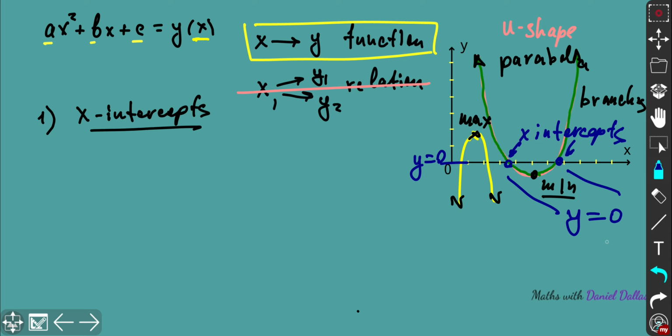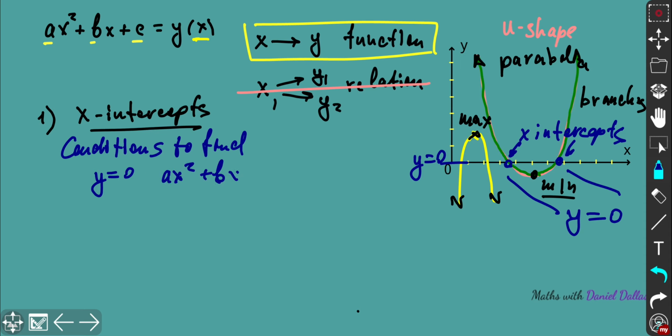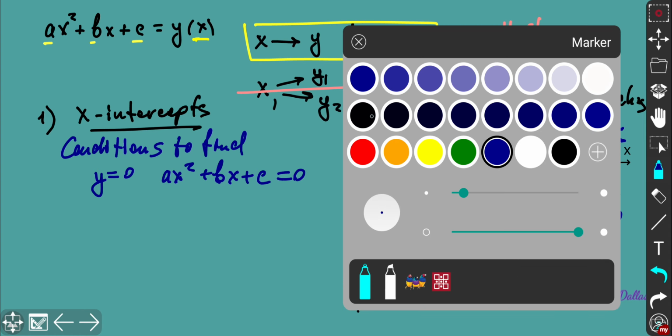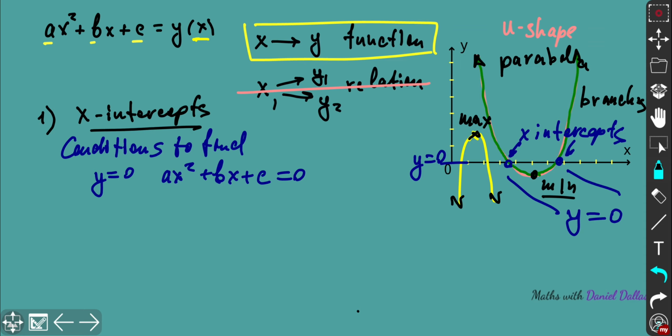In this case, y is 0, so the condition to find the x-intercept is simply to equate y to 0. So generally you will have ax squared plus bx plus c equals 0. Let's say that we have an equation.